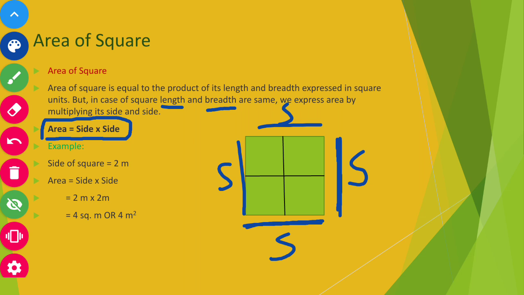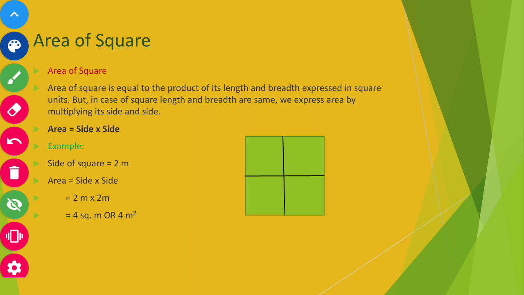Let us see one example. If the side of the square is 2 meters, each square will be 1 meter. If the side of the square is 2 meters, how many squares do you need to place here? Each square should have a side of 1 meter.